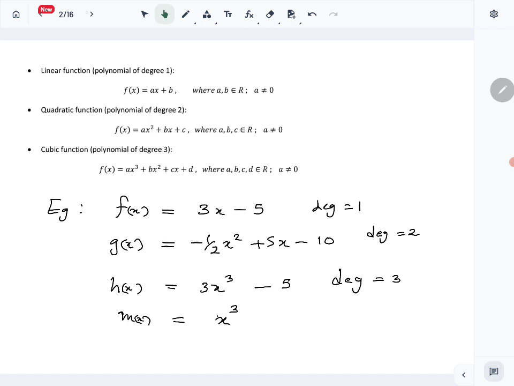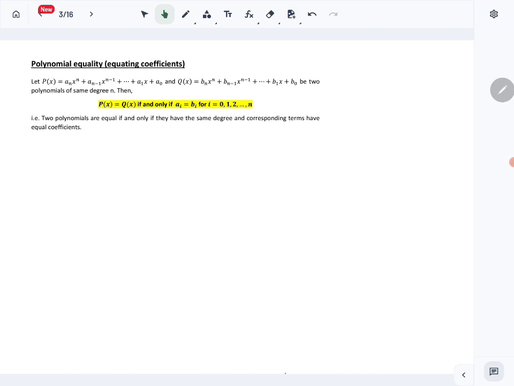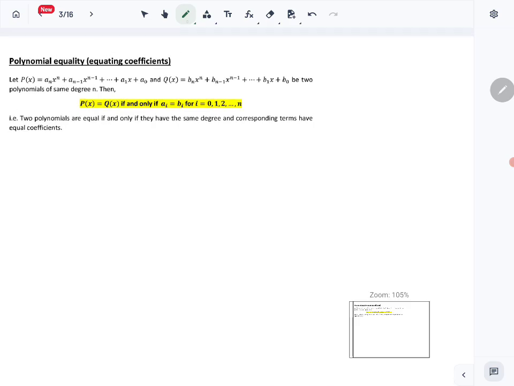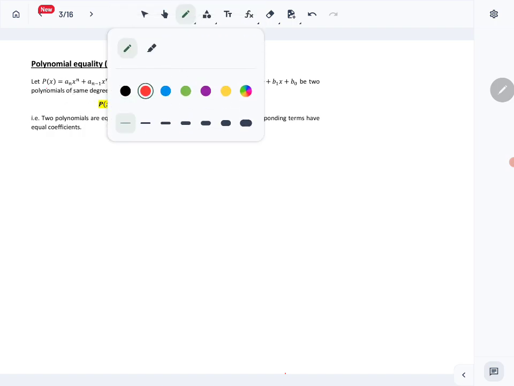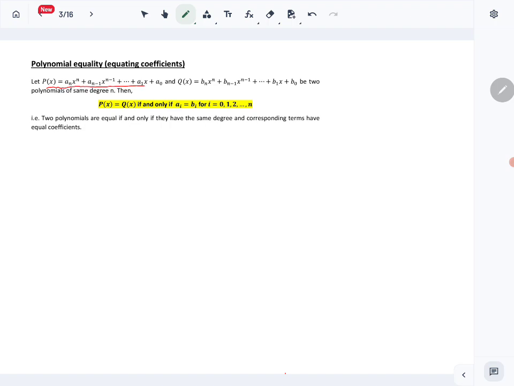Right. Now another important concept, polynomial equality or equating coefficients. So here we are going to look at two polynomials, p(x) of degree n and q(x), another degree n polynomial. So they have to be the same degree. Remember that.